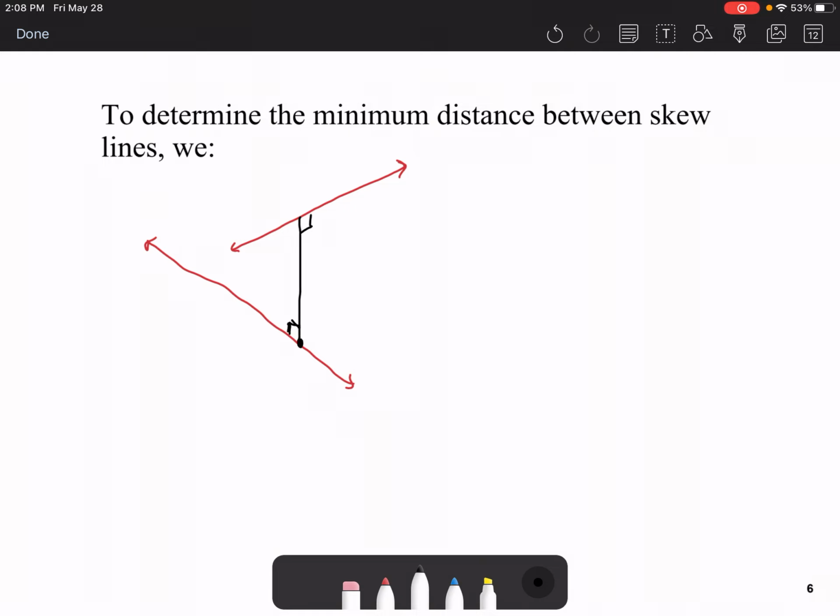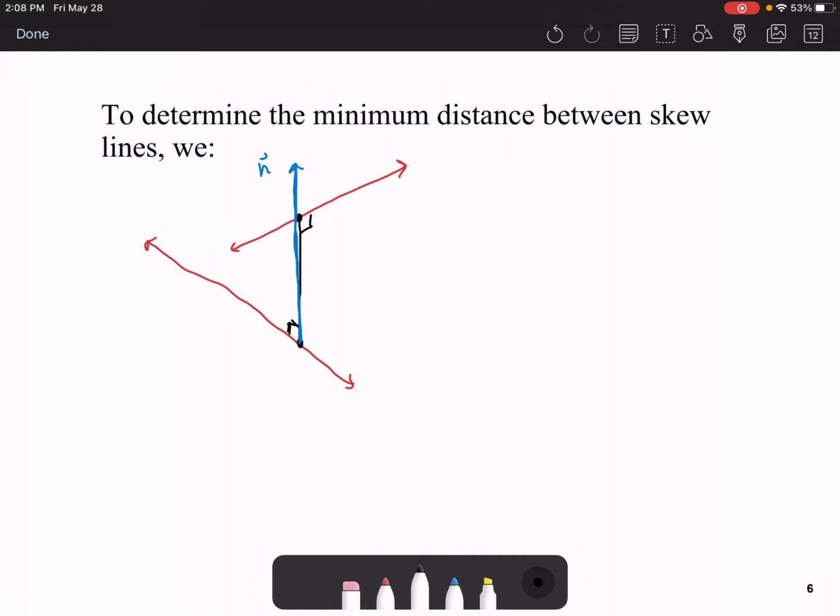The only issue is we have to find out that distance. So we know how to find something that's orthogonal. We can find a normal that's orthogonal. The only issue is, how do we find the length of that item?